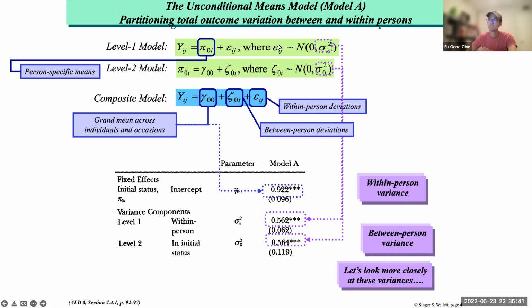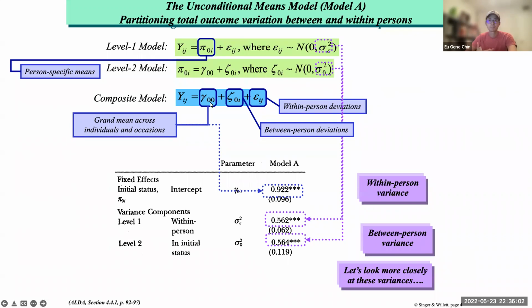And we also assume that epsilon ij is distributed normally with a mean of 0 with a specific type of variance associated with it. Whereas the true mean of y across everyone in the population is represented by gamma 0,0.